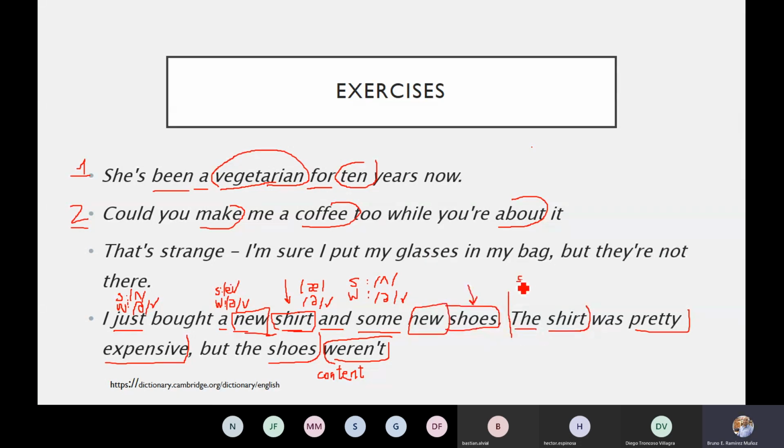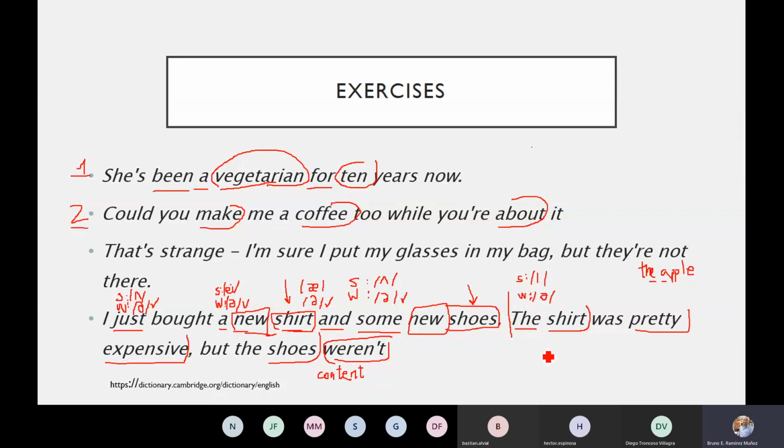So we're not using the strong form, the shirt. Actually, the form the is used only when we have a noun starting with a vowel sound, right? Like the apple, right? Otherwise, we all say the weak form with the schwa.